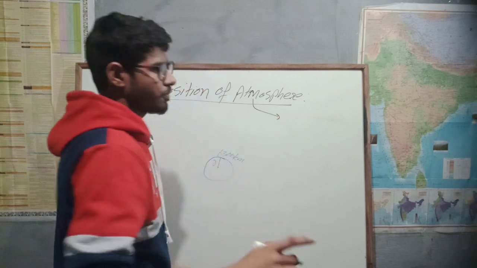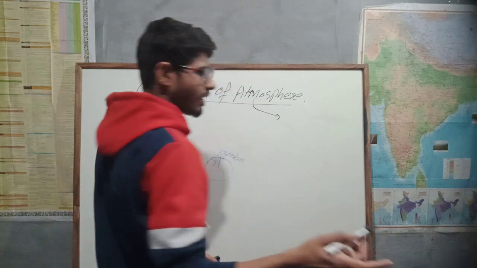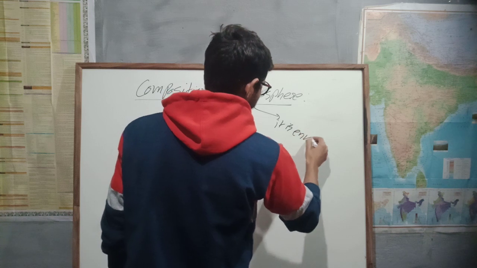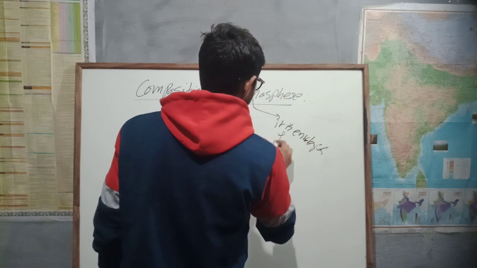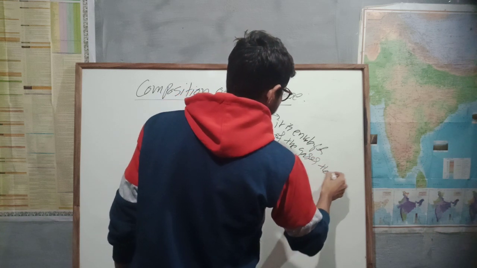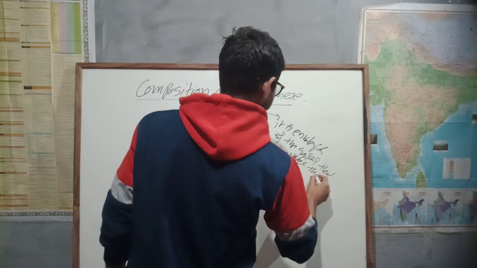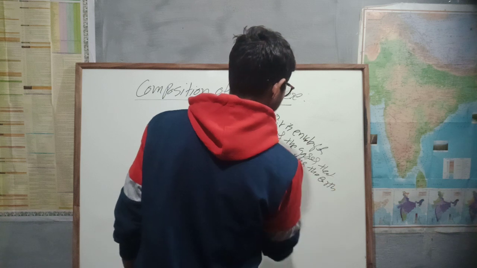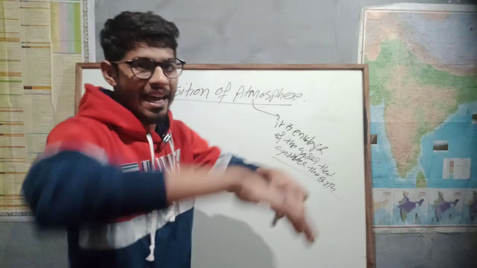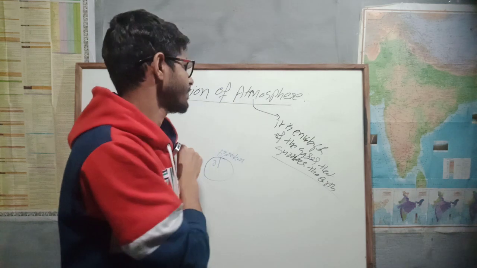Atmosphere is the envelope of the gases that surround the Earth. You can write it down: it is the envelope of the gases that surround the Earth. We call it the atmosphere.